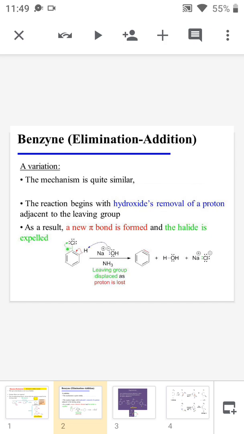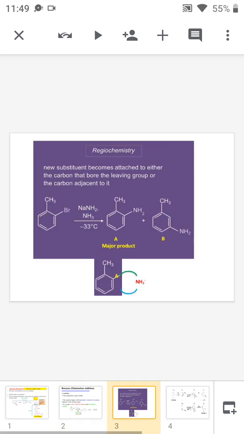Okay, so now we are moving into the exceptional case of the benzyne intermediate: the regiochemistry or regioselectivity. We have already studied the definition of regioselectivity. Regioselectivity means where the reagent will attack.